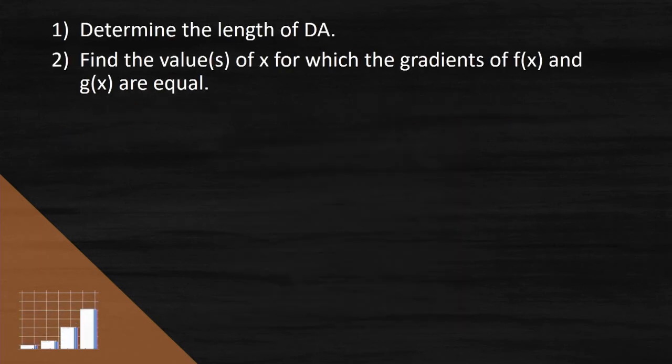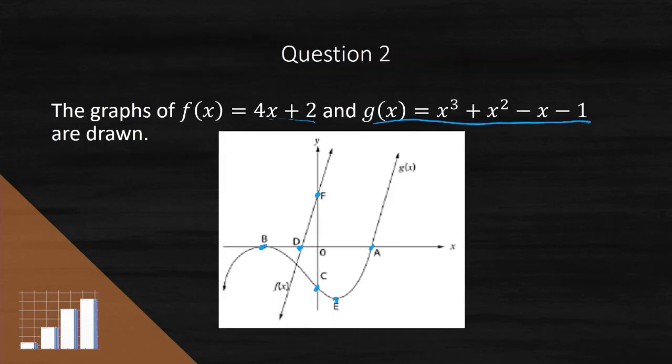The first question says, determine the length of DA. So if we go back to the diagram and I look at this length DA, we've already said D is the x-intercept of the straight line graph, f of x, and A is the x-intercept of the cubic function, g of x. So how do I find this distance DA?